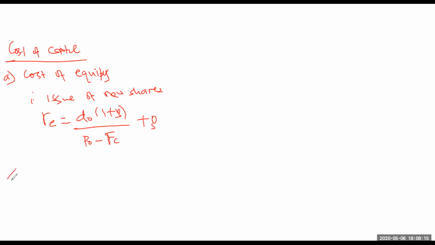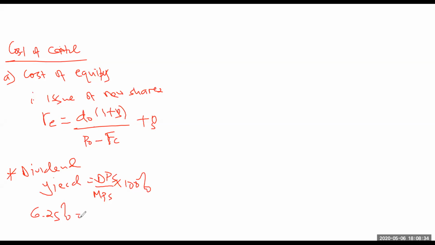Here, the dividend yield as a ratio is the DPS divided by the MPS, expressed as a percent. This is equal to 6.25%, which is equal to DPS, and the DPS, as per note 2, is 5, divided by the market price per share. From there we can get the MPS.